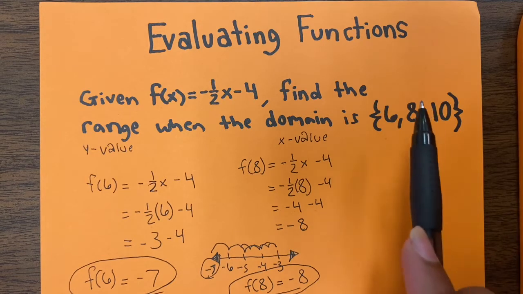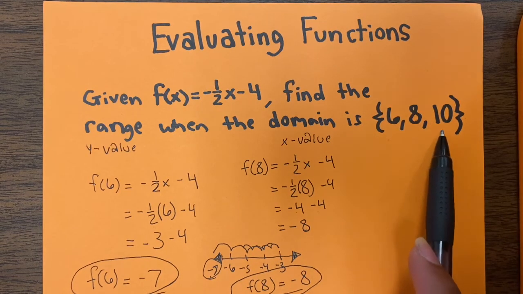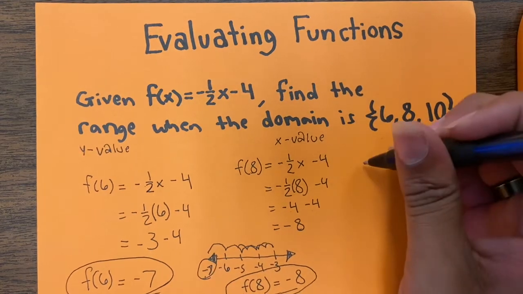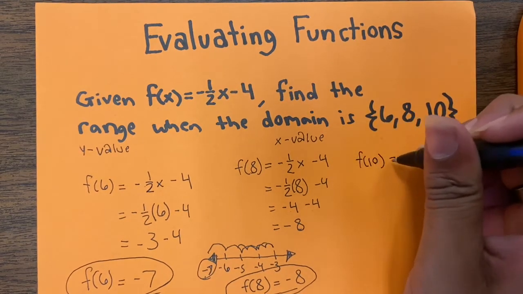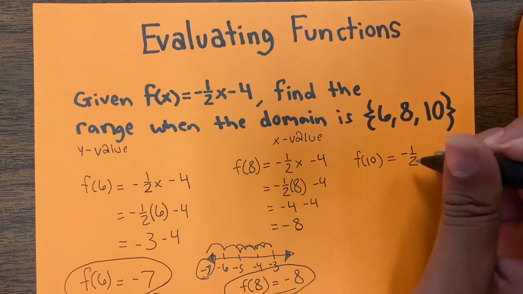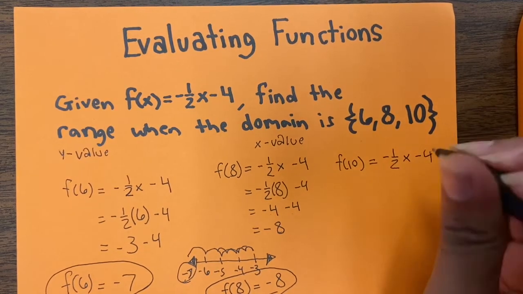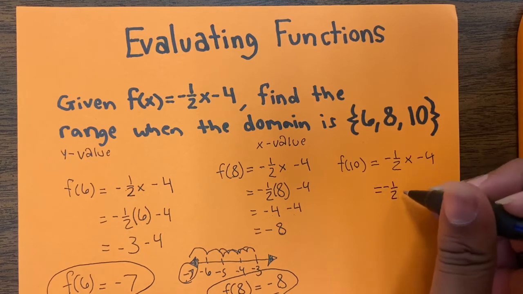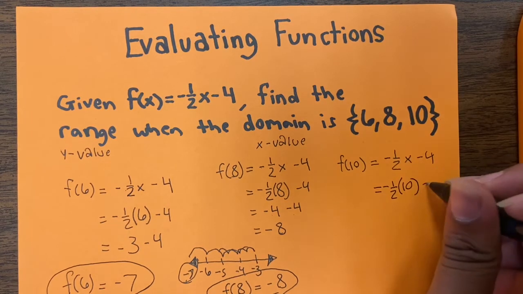And then it says when I plug in 10 for x, it wants me to find out what is going to come out of that. So f of 10 equals -1/2. Plug in 10 for the x. So I get -1/2 times 10 minus 4.